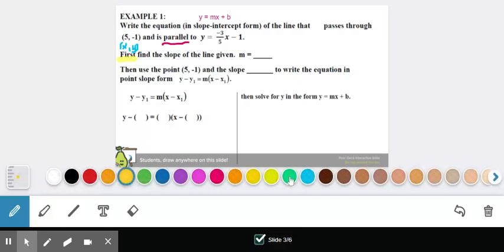I know that because when I'm dealing with slope-intercept form, my slope is always attached to my x. So I look for that x and it points me to the slope. So my slope is -3/5. This is my given line, m equals -3/5.